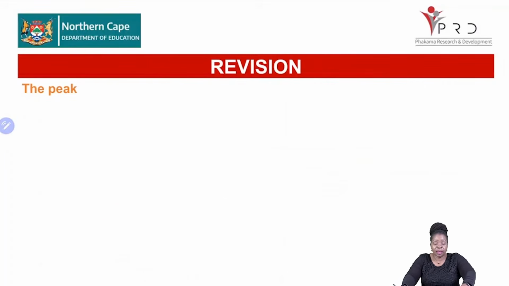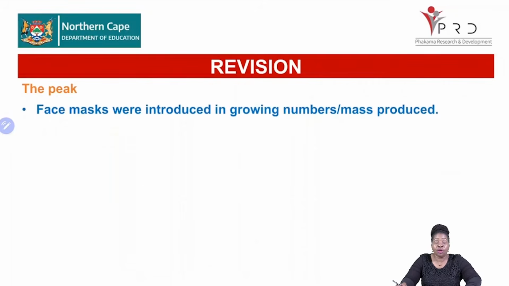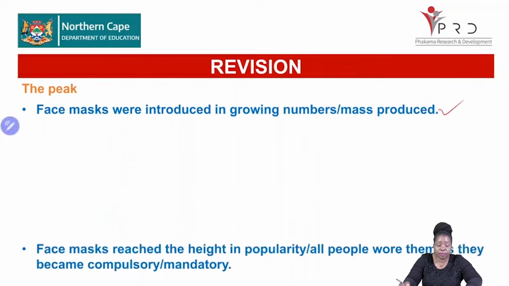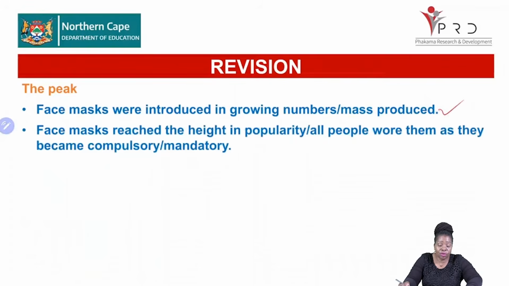And then the next one was the peak stage, right? Face masks were introduced in growing numbers and they were mass produced, right? Face masks also reached the height of their popularity. All people wore them as they became compulsory or mandatory.